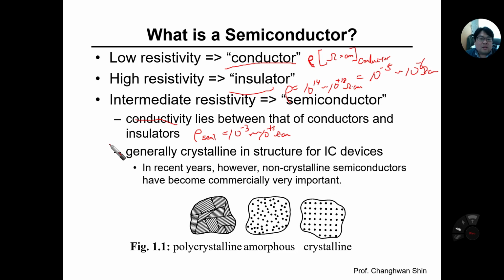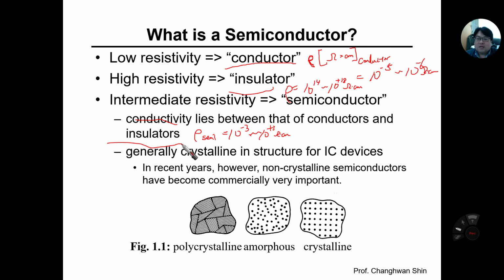Okay, so at this point, please remember the answer for the question, what is a semiconductor? In terms of resistivity, which has the unit of ohm times centimeter, the semiconductor has intermediate resistivity or intermediate conductivity compared against resistivity or conductivity of conductor and insulator.